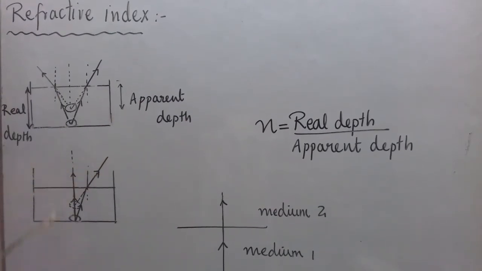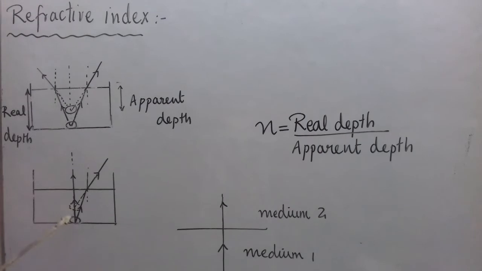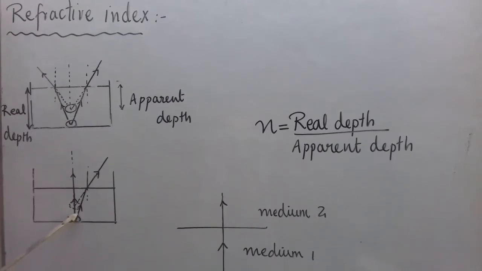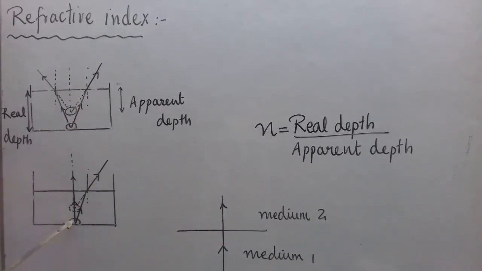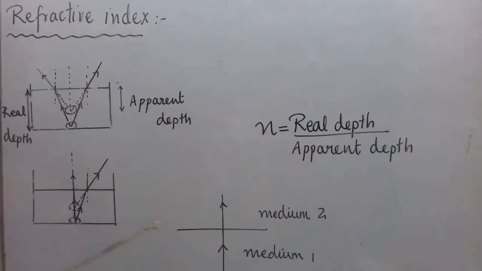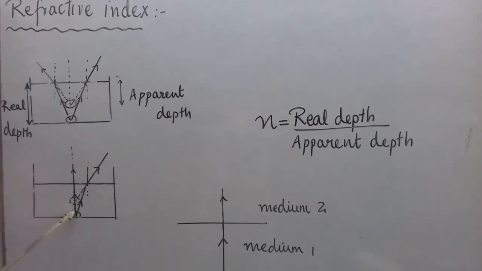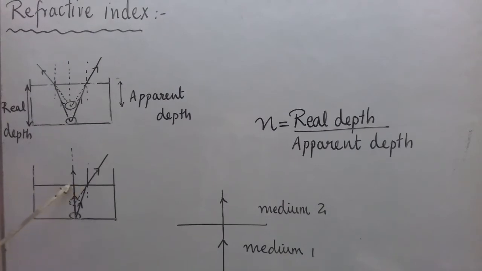Now I have drawn one more diagram. Here I have chosen two rays from this point, the coin. One I have chosen the same as here, and the other I have chosen is coming out normally. As I have seen here, the ray which is incident normally at this boundary will go along the same path.